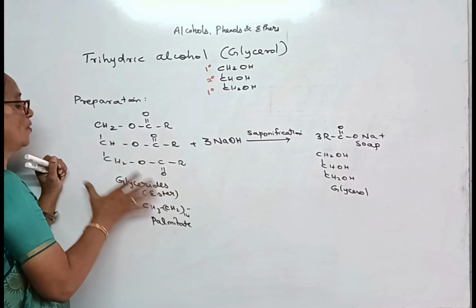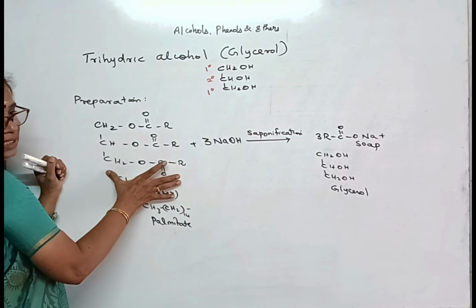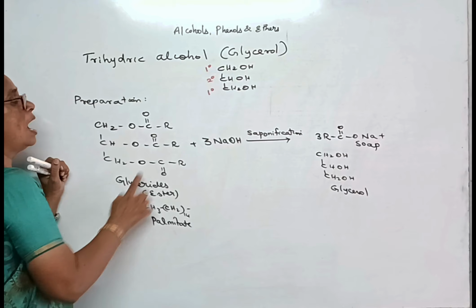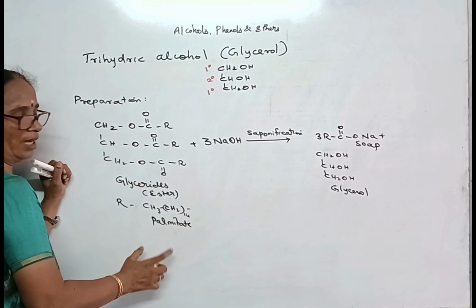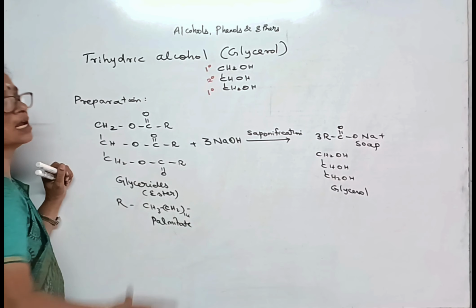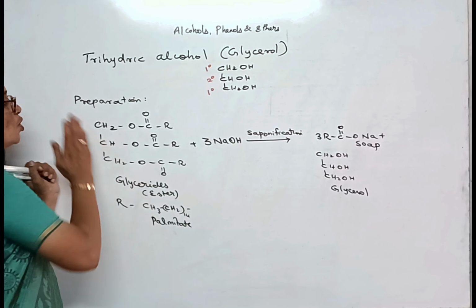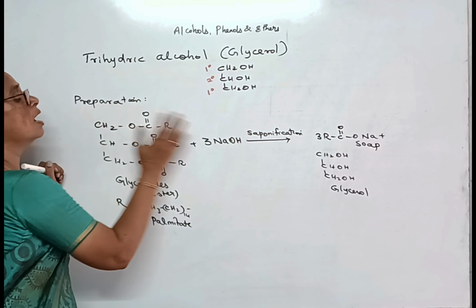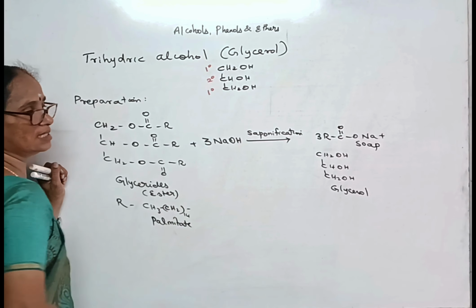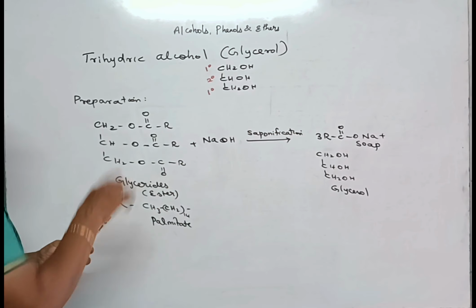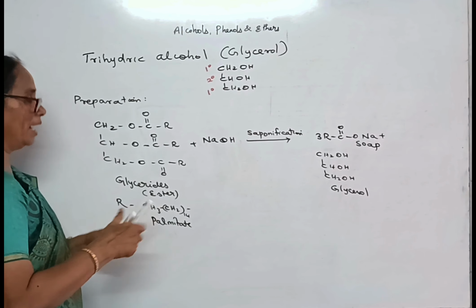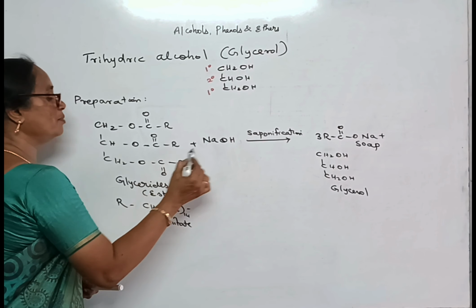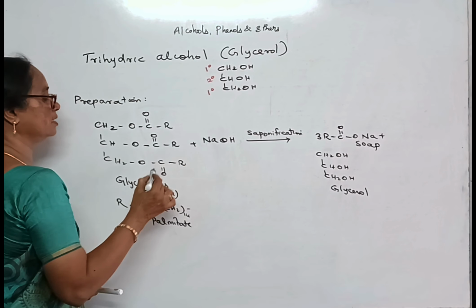So here we have taken one of the glycerides, in ester form, where the R group is taken as CH3(CH2)14, that means the name is palmitate. When such glycerides undergo hydrolysis with alkali, when palmitate is hydrolyzed by sodium hydroxide, soaps are obtained in this way.